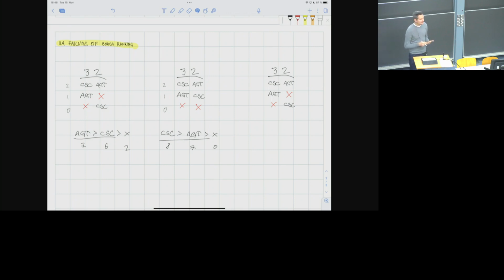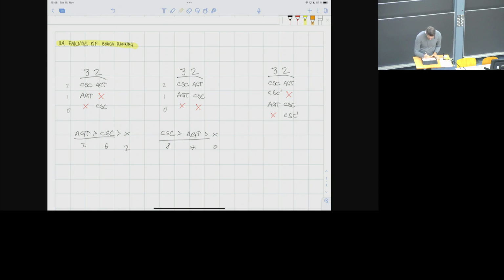I offer a variant of computational social choice, which is just a bit worse than the regular variant. If you think about it, that shouldn't change the ranking of AGT and CSC. If I offer a bad variant, let's call it computational social choice for dummies or something, which is just like computational social choice, just a little bit worse, that means it's just ranked below CSC. Let's call it CSC prime.